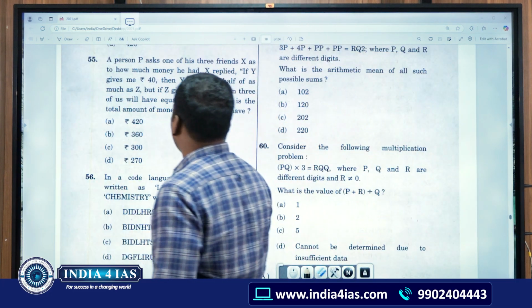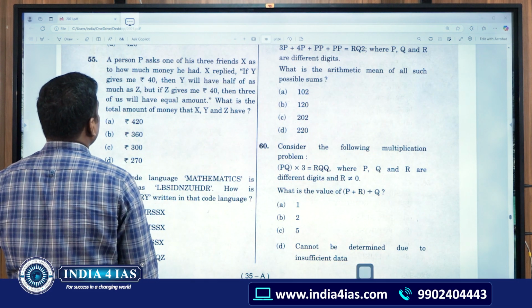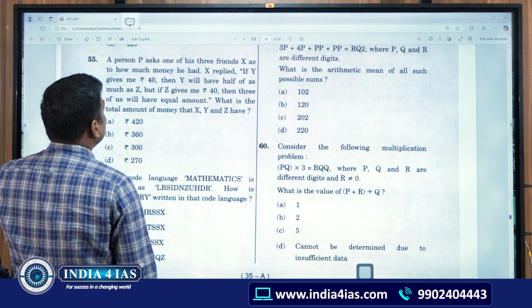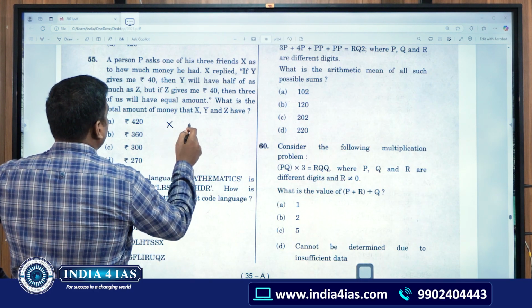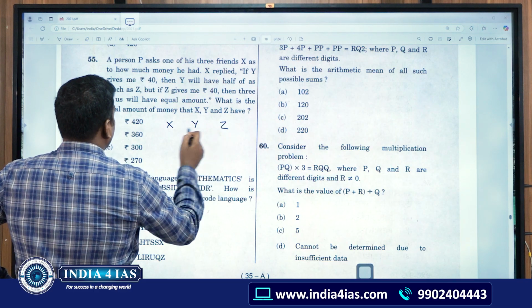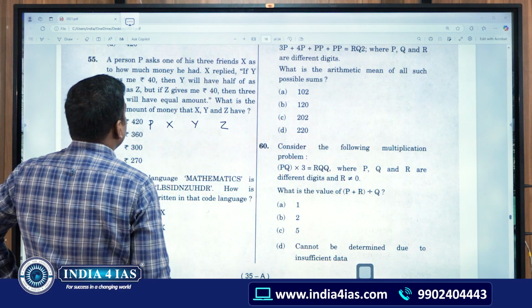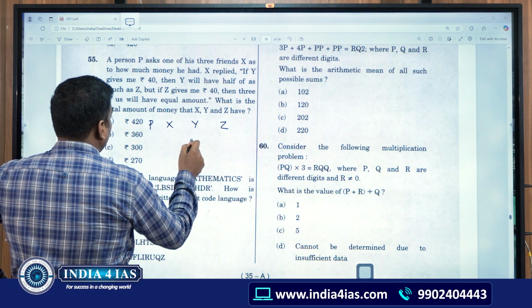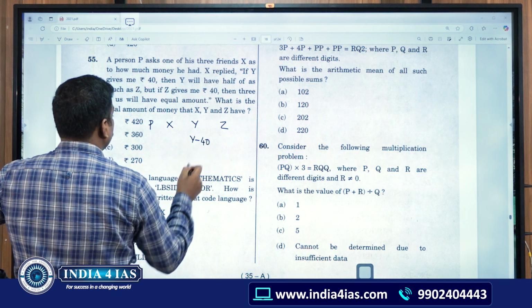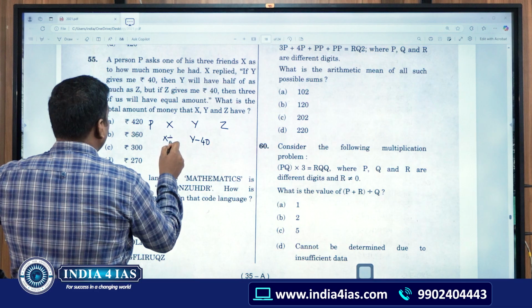A person P asks one of his 3 friends X as to how much money he had. See, X, Y and Z are there and P is asking. Then X tells, if Y gives me 40, that means Y will be reduced by 40 and X will be having 40.